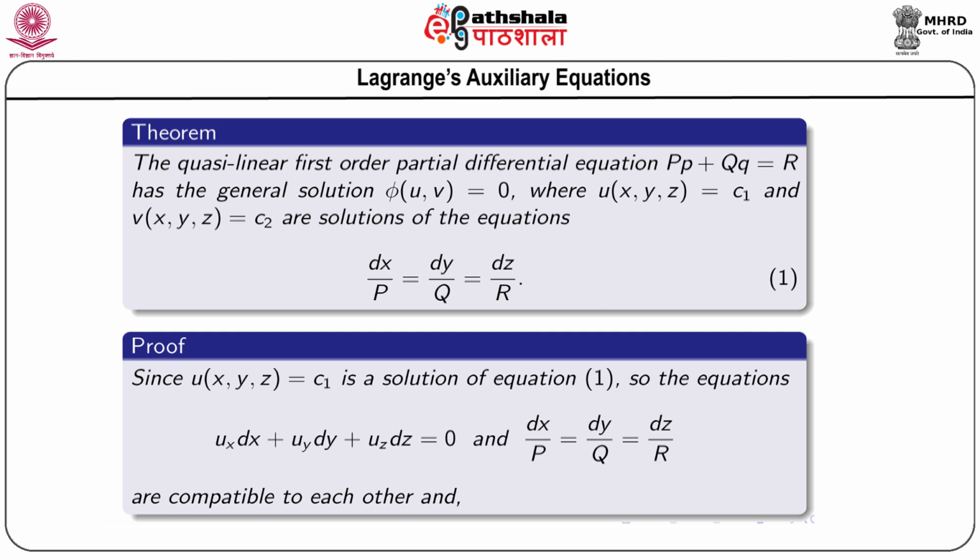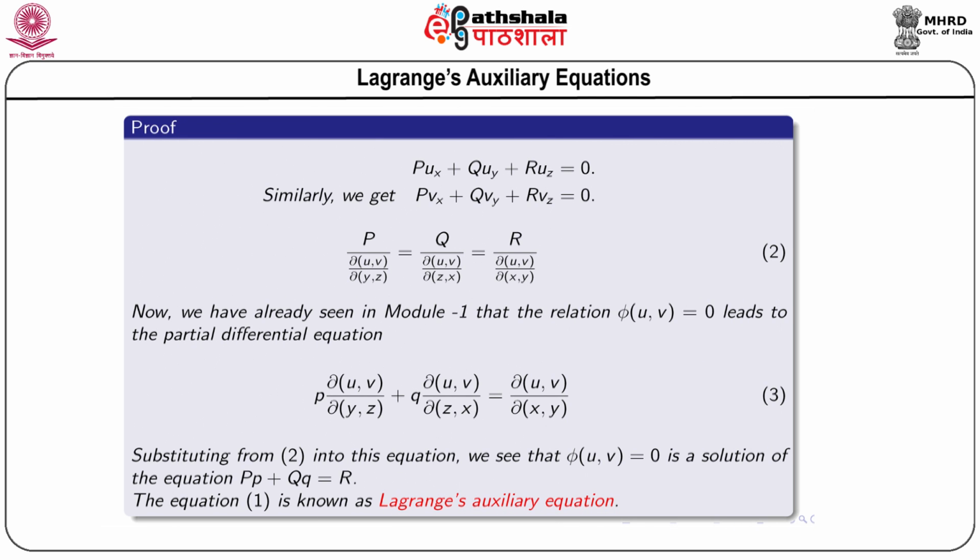So, we obtain that phi(u, v) equals 0 is a solution of the quasi-linear equation Pp plus Qq equals R, where u and v are the solutions of the simultaneous equation 1 which is known as Lagrange auxiliary equation.